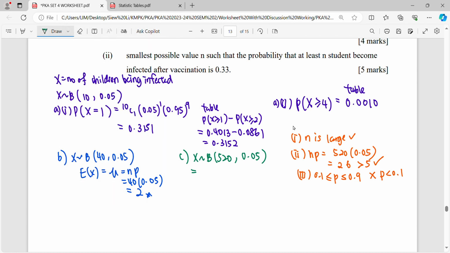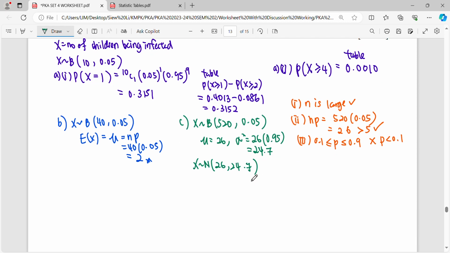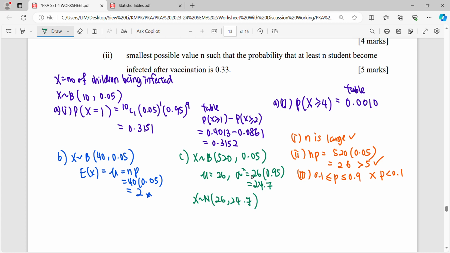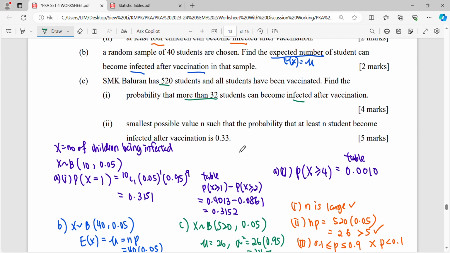If you change to normal, how will it be? When you want to change to normal, besides the mean, which is 26, what is your variance? npq, 24.7. So X is distributed normal (26, 24.7). So your question will be probability more than 32.